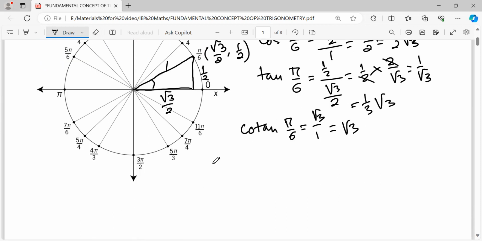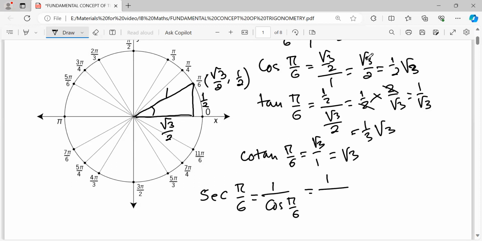So what about secant? Secant pi over 6 equals 1 over cosine pi over 6 equals 1 over square root 3 over 2 equals 1 times 2 over square root 3. Or you may simplify, it becomes 2/3 square root 3.